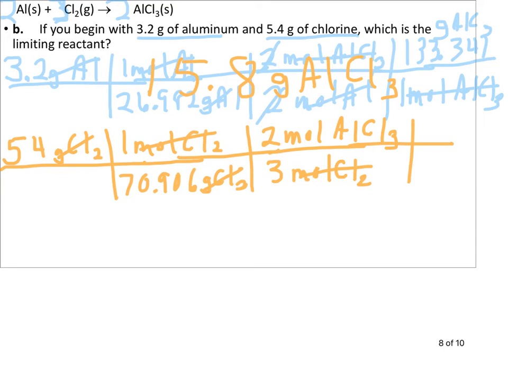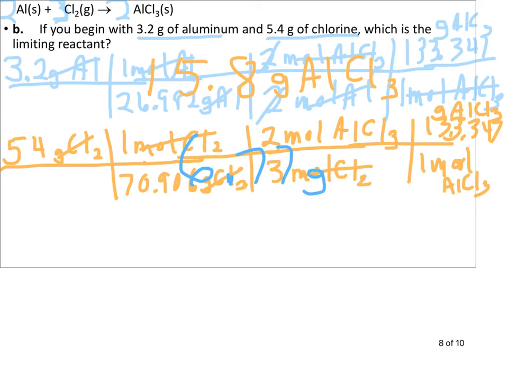Now we convert from 1 mole of AlCl3 into 133.347 grams of AlCl3, and do the multiplying and dividing, and we end up with 6.77 grams of AlCl3.